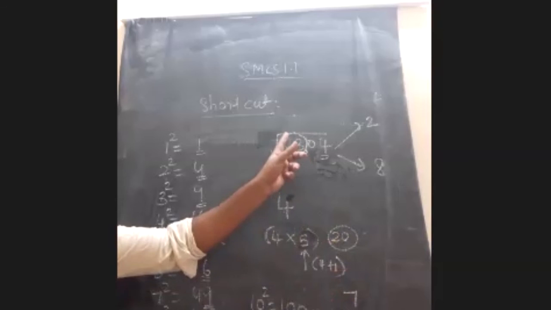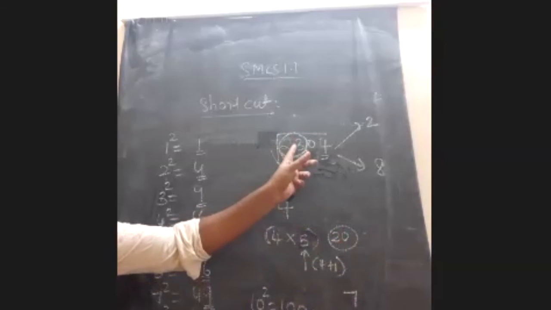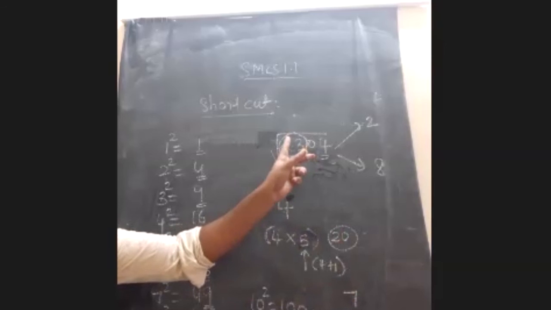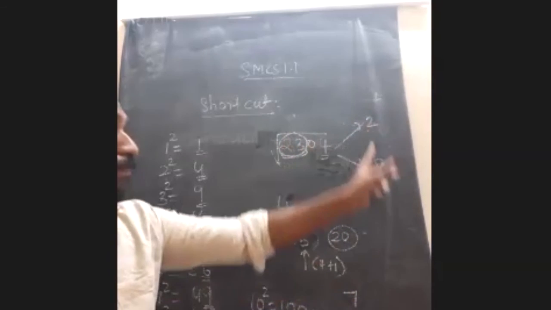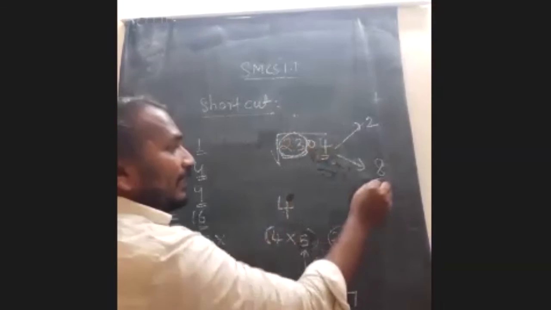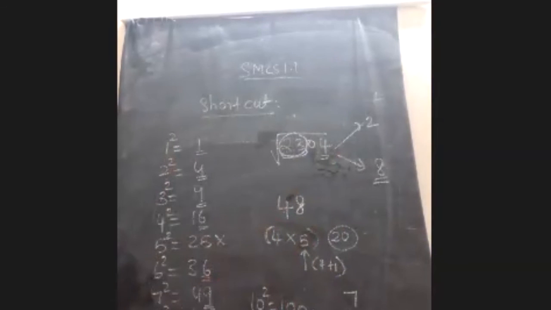Now we have to compare this. This is our number, this is the result number. Our number is big or small? Our number is big when comparing to 20. So what is the big number out of this? 8. So the answer for the square root of 2304 is equal to 48.